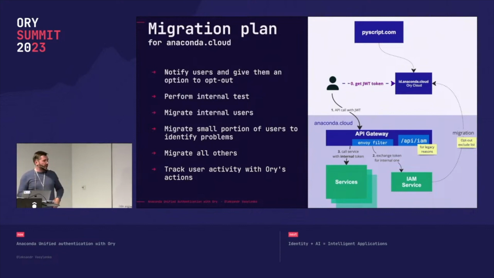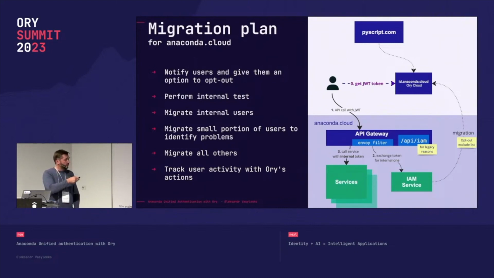There were a couple of accounts where we needed to take action, specifically because in our Anaconda Cloud you can change your email, and then there was some inconsistency. Additionally, we tracked user activity, and Ory provides a good way to have actions where you can notify external systems if some actions were taken. For example, when a login happens, an external system could be notified, and we notified our data analytics platform.